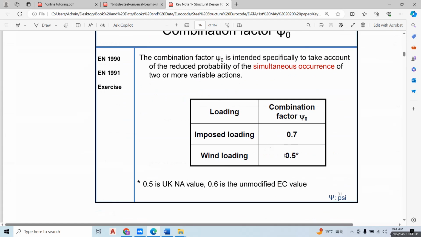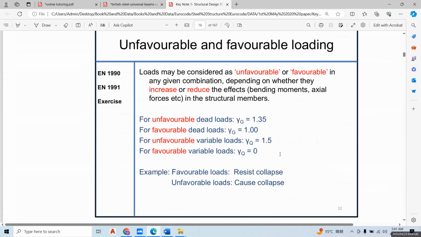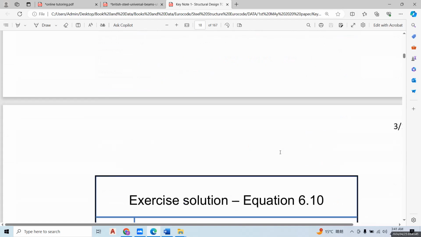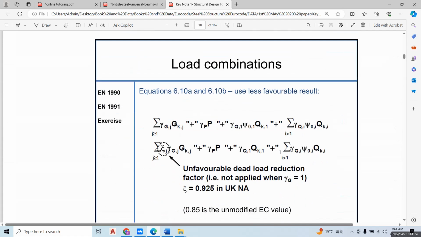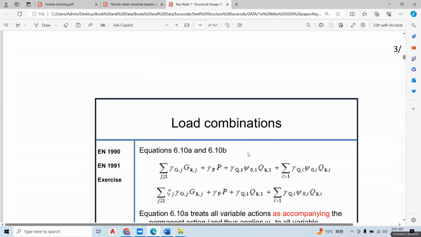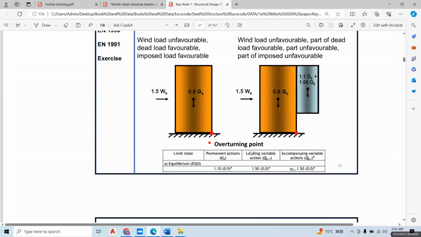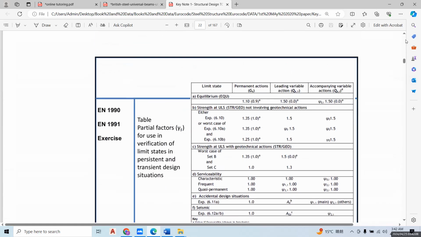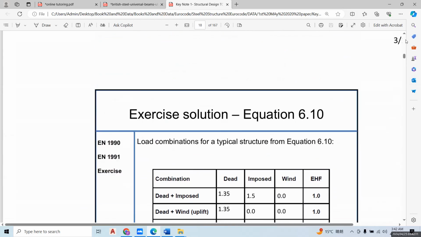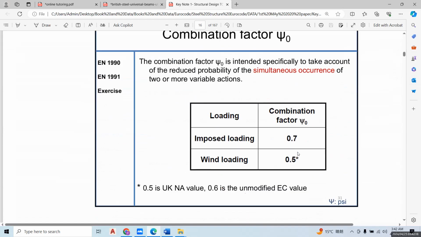Imposed of 0.7, 0.5. Now what you need to do is remember these two factors, 0.5 and 0.7.